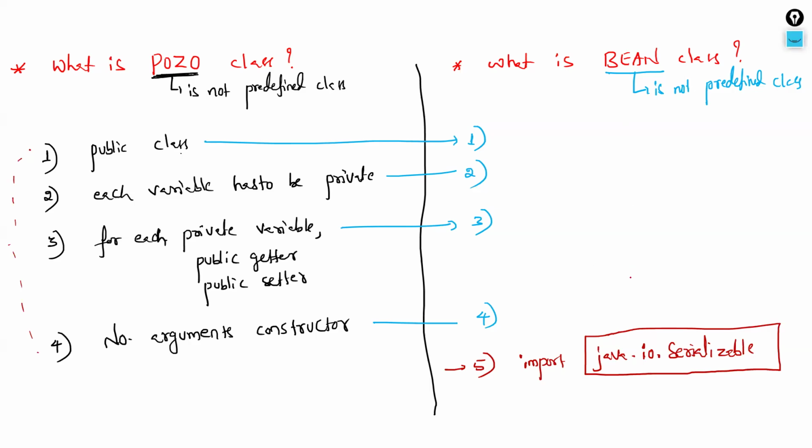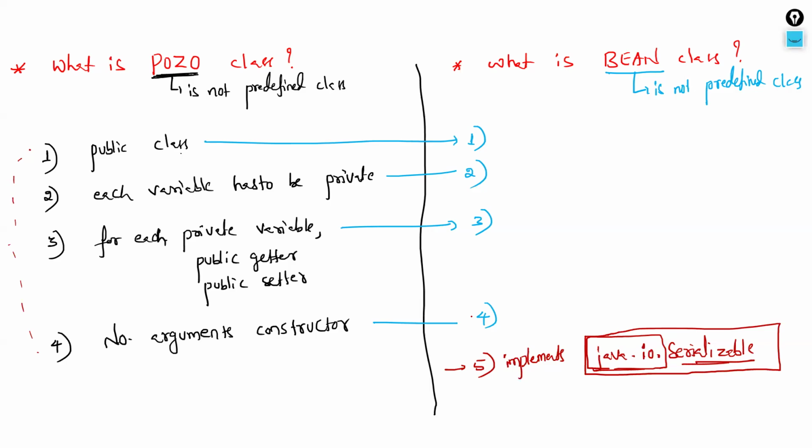Actually, it has to implement, like extends is a keyword, implements is another keyword in Java. The class has to implement one interface with the implements keyword. What is that interface? Serializable, present in the java.io package. Clear? Please remember this for your interview purpose.